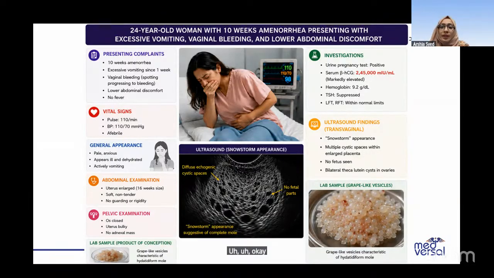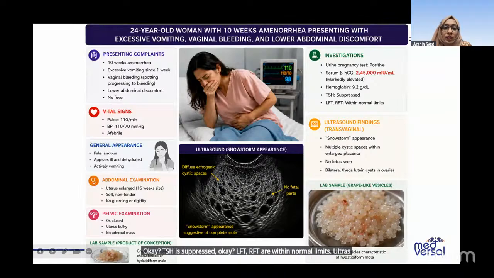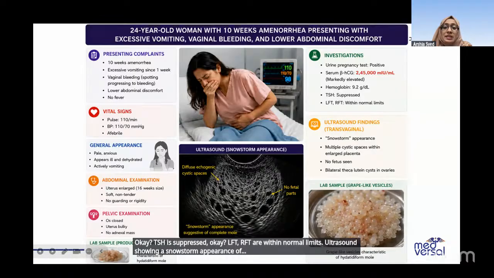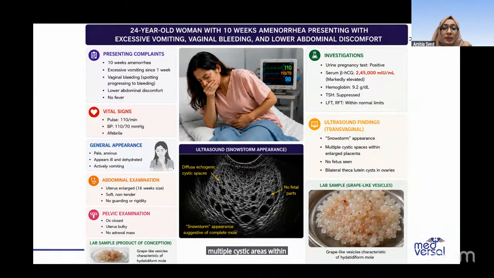Along with that, you do a hemoglobin level. Hemoglobin is stable, it's 9.2. That means she is not having some underlying bleed. TSH is suppressed. LFT, RFT are within normal limits. Ultrasound shows a snowstorm appearance of multiple cystic areas within the enlarged placenta.